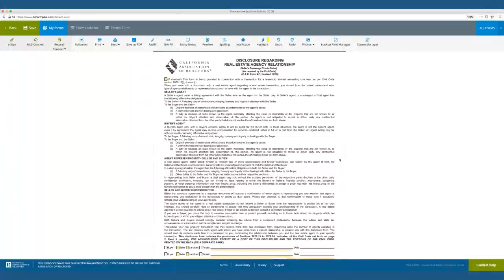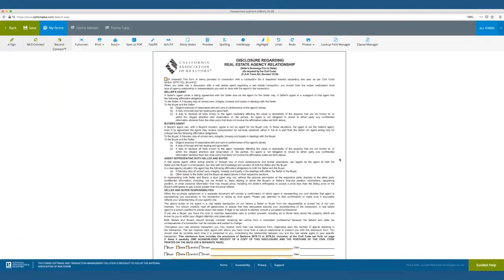This is a statute required by the state that you disclose to your client the different types of agencies. There's a seller's agent, there's a buyer's agent, and there's dual agency, and what the duties of those various agencies are. That's a requirement of the law.